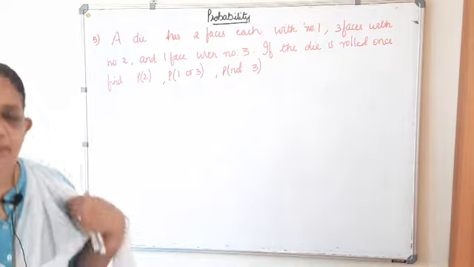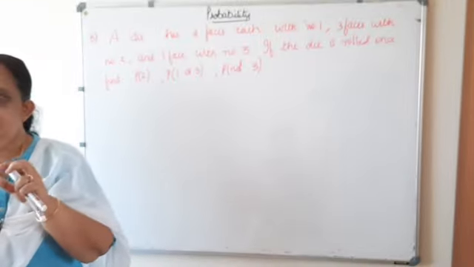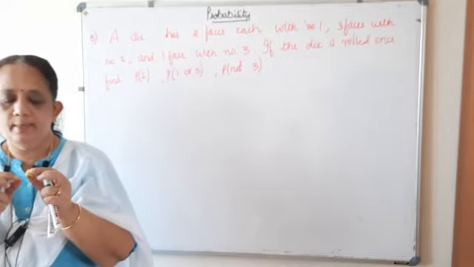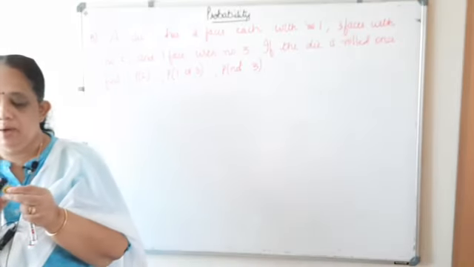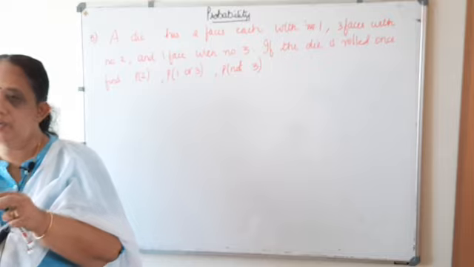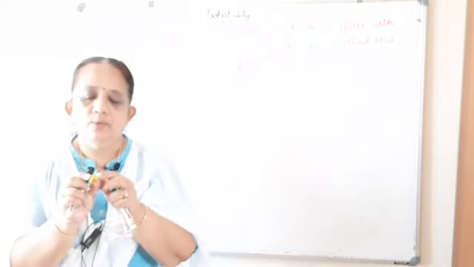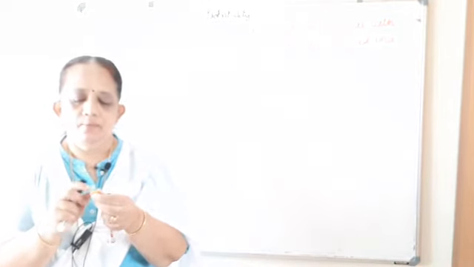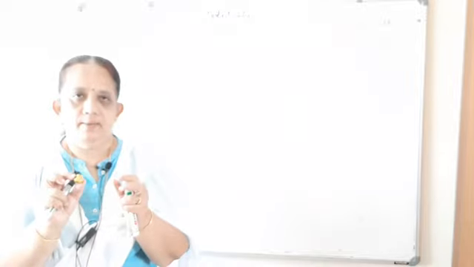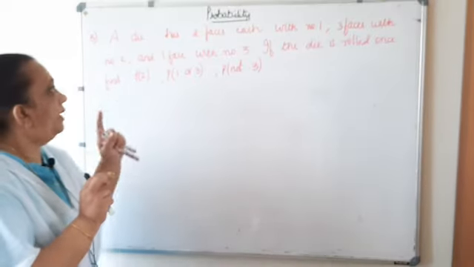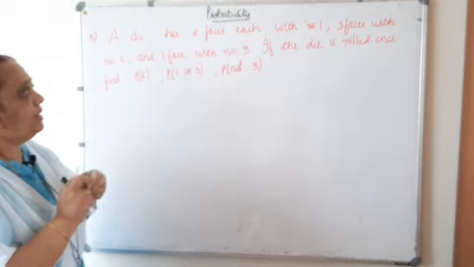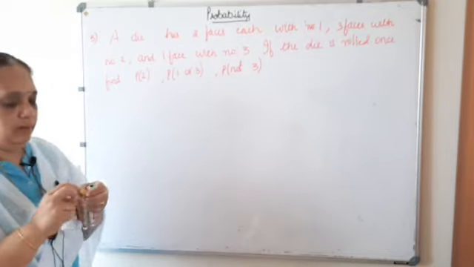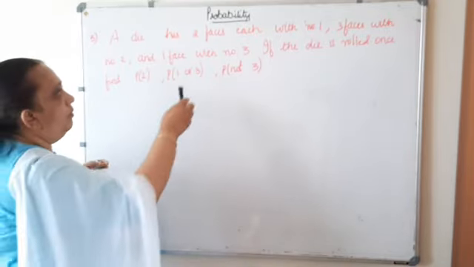So you imagine the die. Usually the faces of a die are marked with 1, 2, 3, 4, 5 and 6. But this is a special type of die in which two faces are marked with number 1.